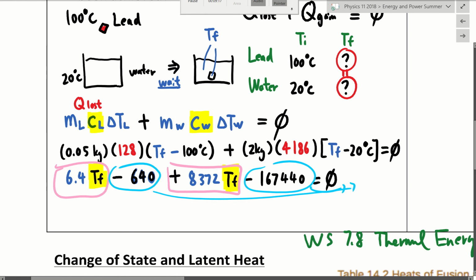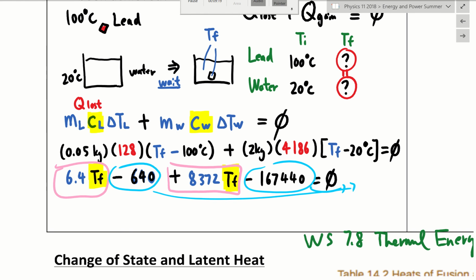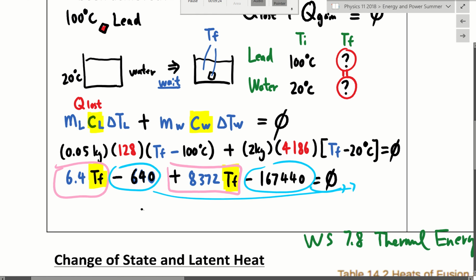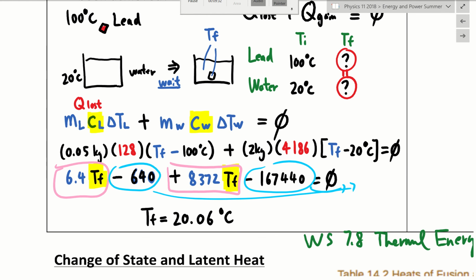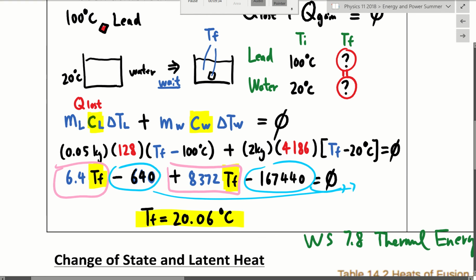And then a little bit of algebra later, you divide both sides by the same number. You get T final of 20.06 degrees Celsius.